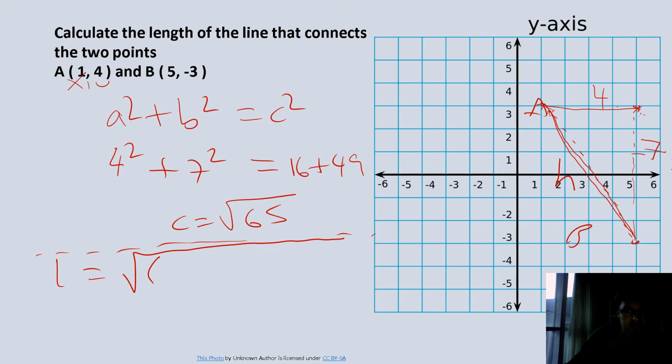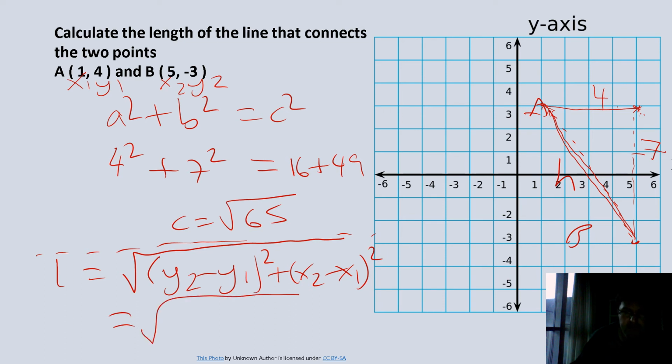So remember, this is x1, y1, that's the point on the left, x2, y2. So the formula is just basically like figure out the difference in the y values and then figure out the difference in the x values, which we did here, and we found we had minus 3 take away 4 squared. You can see that's where the 7 comes from. Minus 7 squared is just the same answer as positive 7 squared.